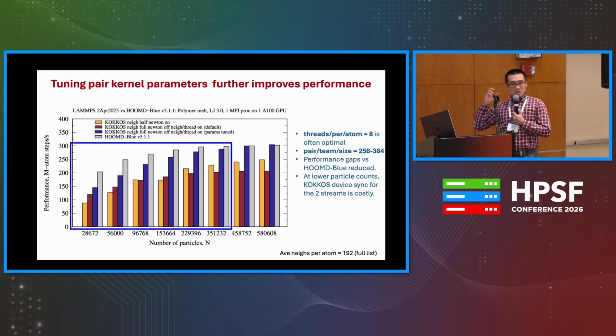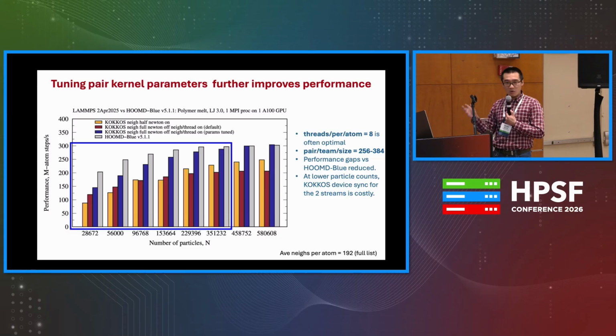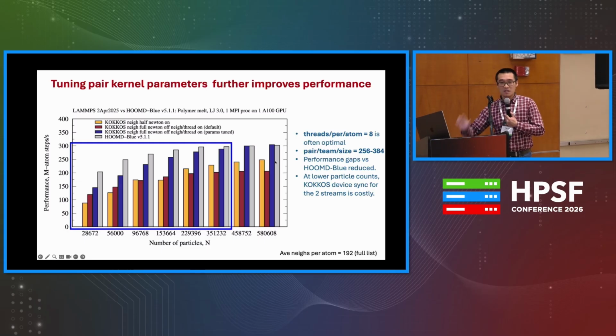But if we tune, if you scan over all the parameters, we can pick the better combinations to close the gaps between LAMMPS KOKKOS and HUMDI Blue. And you can see that as early as 350K atoms, the difference between HUMDI and LAMMPS KOKKOS is much closer than before.